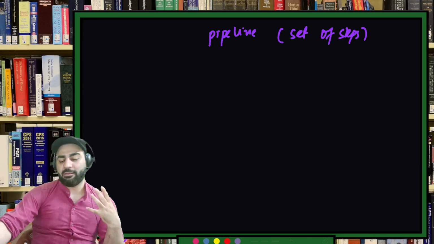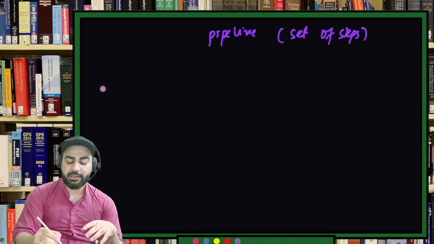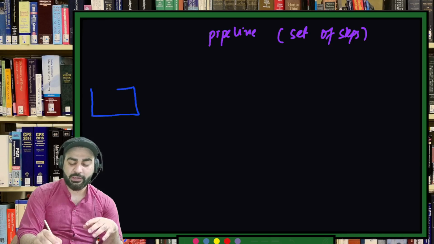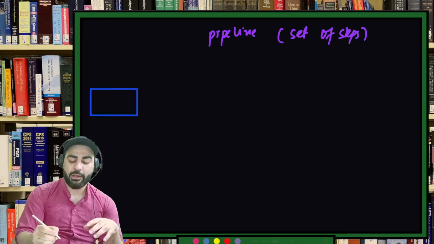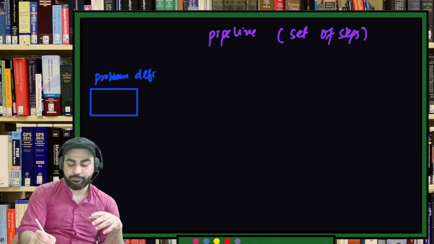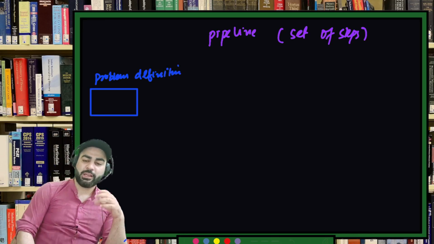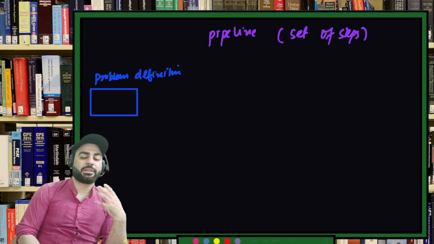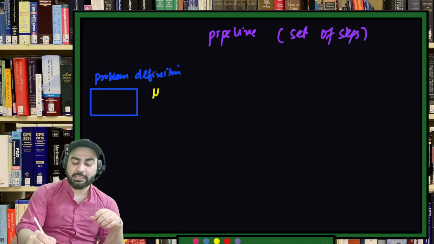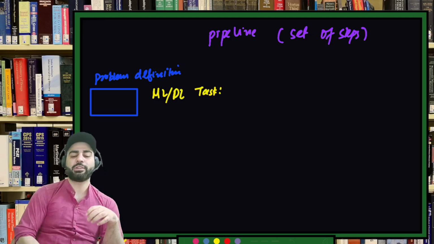So what does the typical pipeline look like? The first thing we do is define the problem, which I'll make in boxes. So, problem definition. In the problem definition, you basically objectify your problem. You have an ML or DL task, and you define the task.